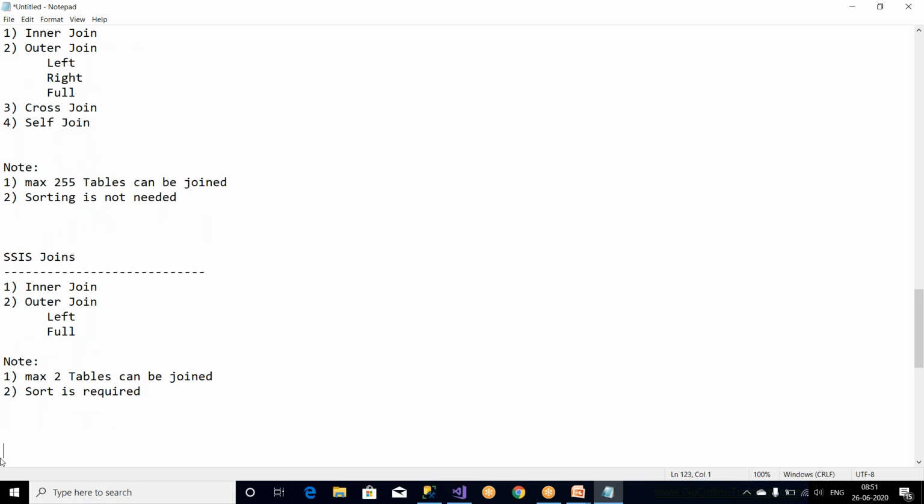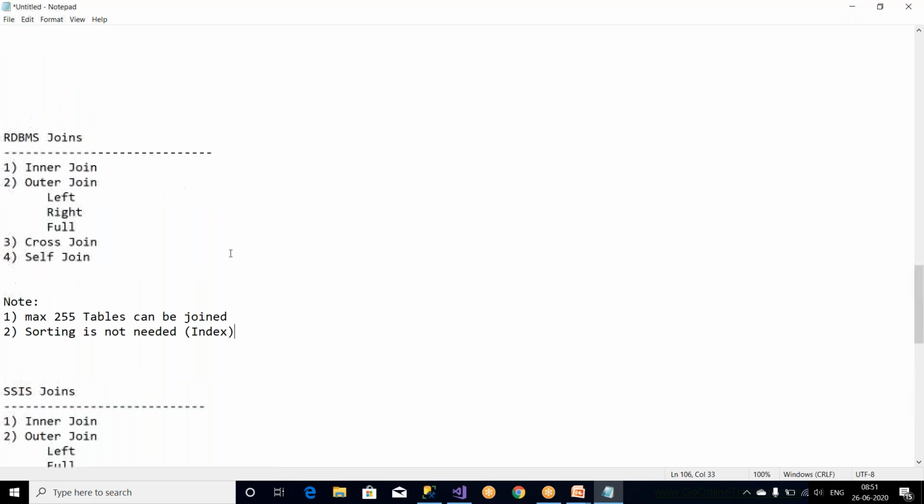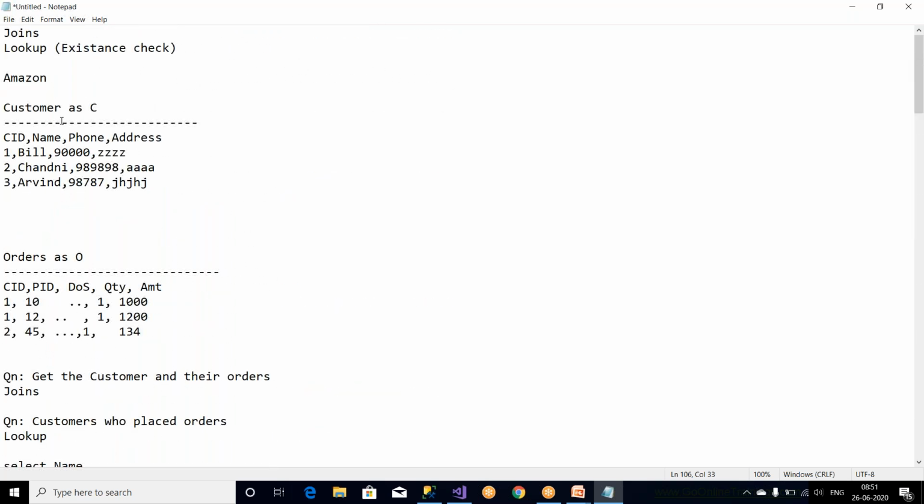Clear? So here sorting is not required, but compulsorily, whenever you join, remember, instead of sorting you are going to be using indexes. An index has to be there on that column. Whenever you join something, you must have indexes. For example, let me go back here. I want to have a customer table and an orders table. Definitely, I'm going to be joining based on this column, right?